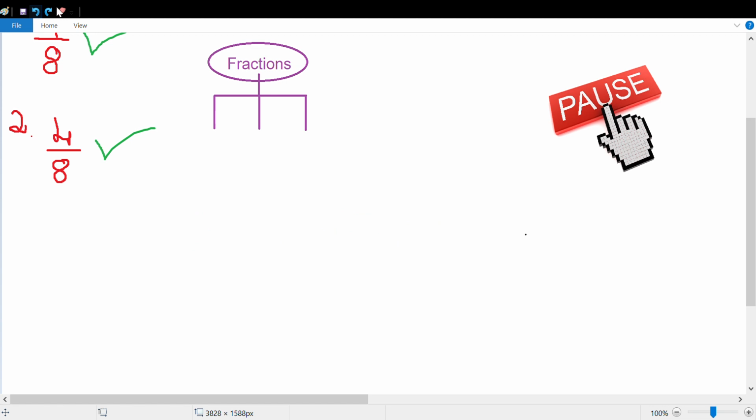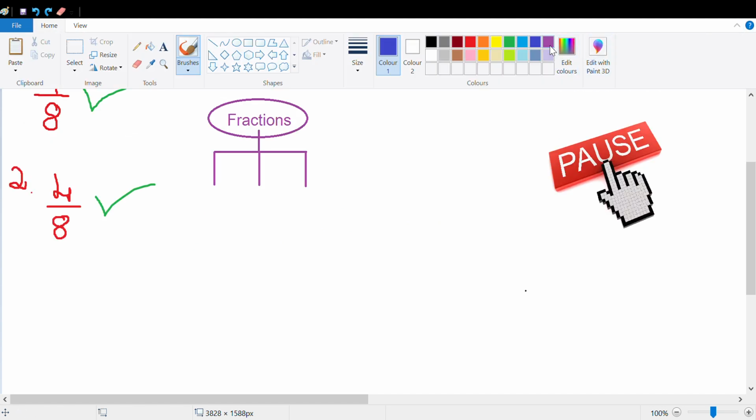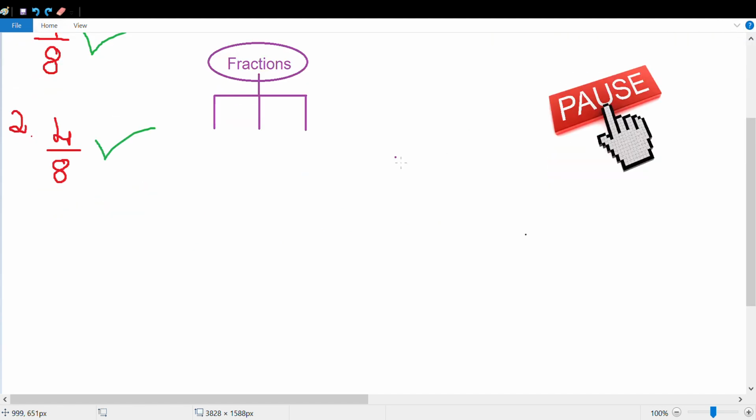You might think, what will we do if the denominators are not the same? Good point.